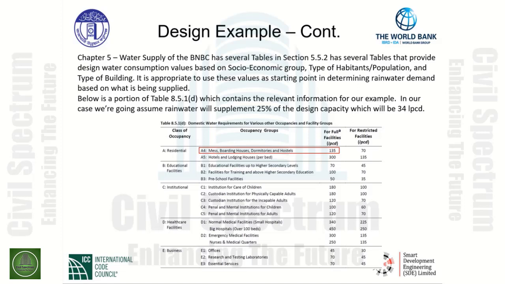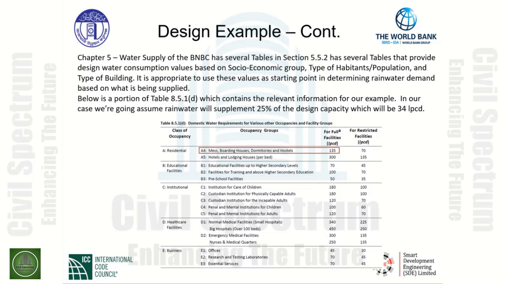In our case, we're going to assume rainwater will supplement 25% of the design capacity, which will be 34 liters per capita per day. As we look at this particular table here, the class of occupancy that we have chosen is A, residential.